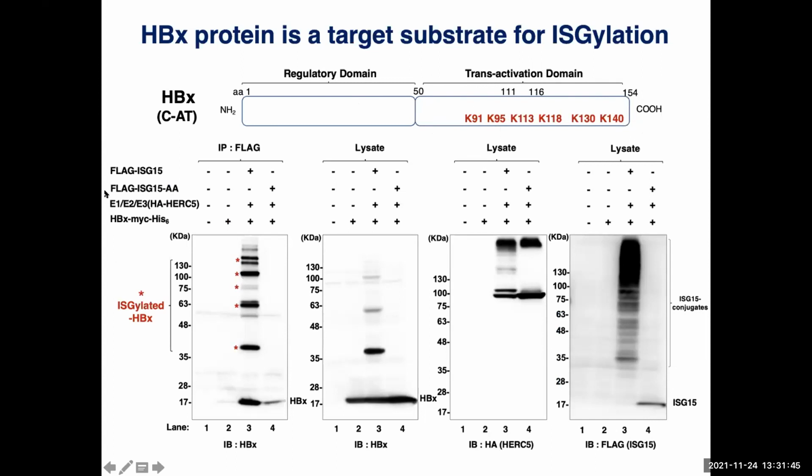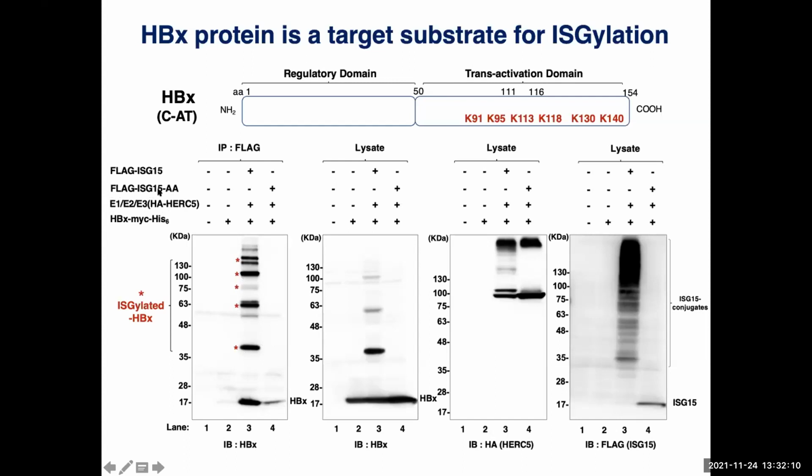And when we performed the experiment, we added E1, E2, E3, and the IC15, and we found that HBX protein is isolated, as you can see here. You can see many ladder bands like this.